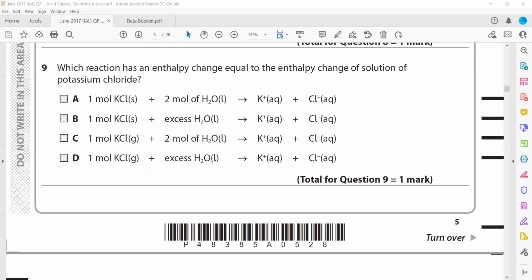And enthalpy of solution is when a solid dissolves. So one mole of a solid dissolves in excess of water to form ions. So B is the right answer. This is actually a definition of enthalpy of solution: a solid dissolves and turns into ions.